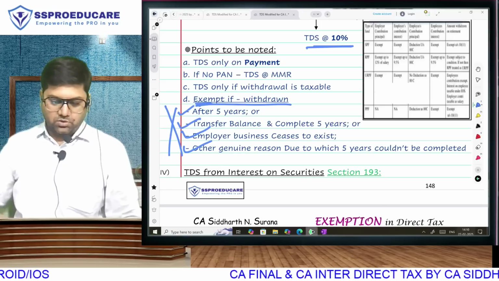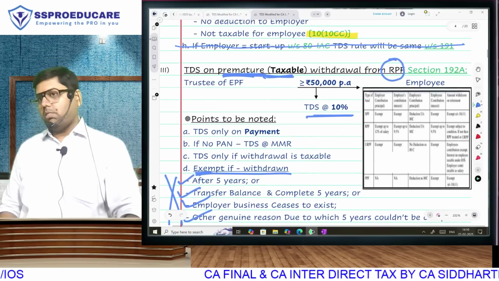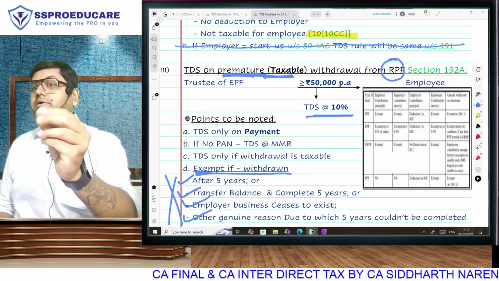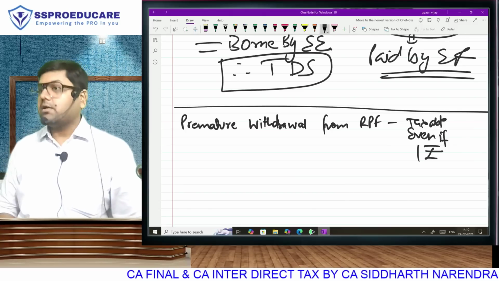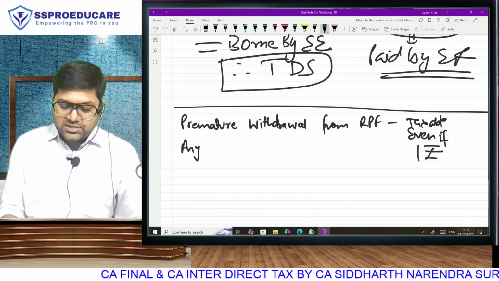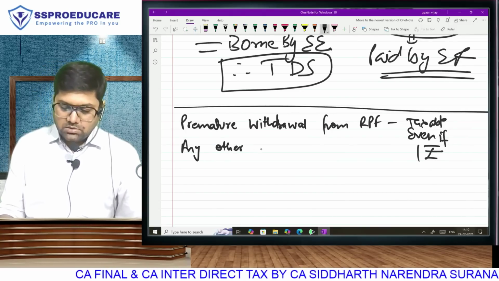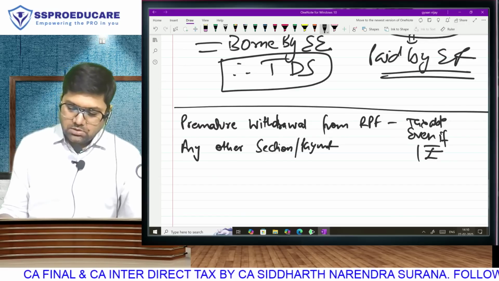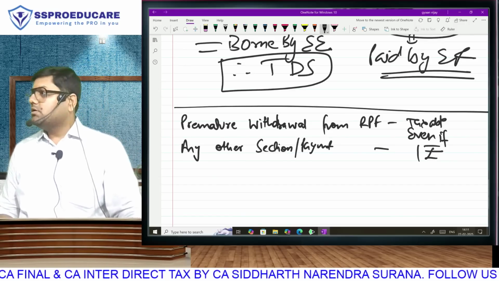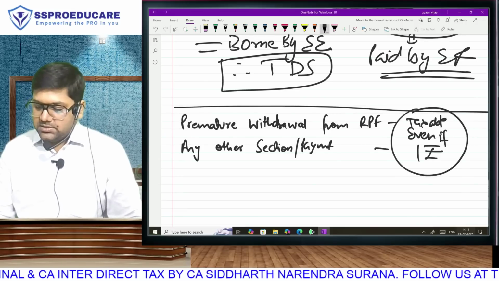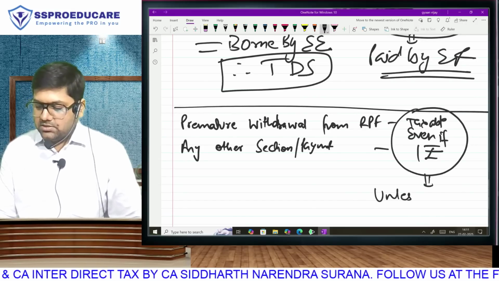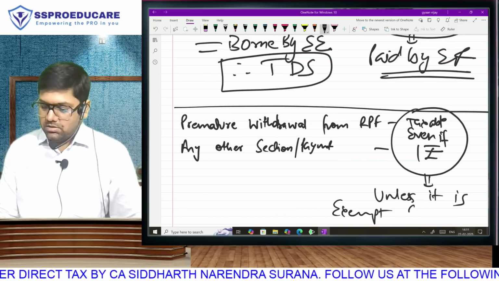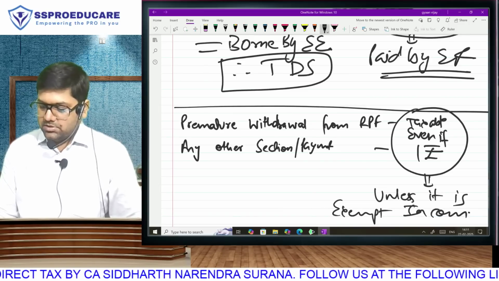Sir, you are saying wrong, they have given 50,000. So this 50,000 is the monetary threshold for TDS. In fact, any other payment also is going to be taxable even if 1 rupee, unless it is covered in the exempt income chapter.